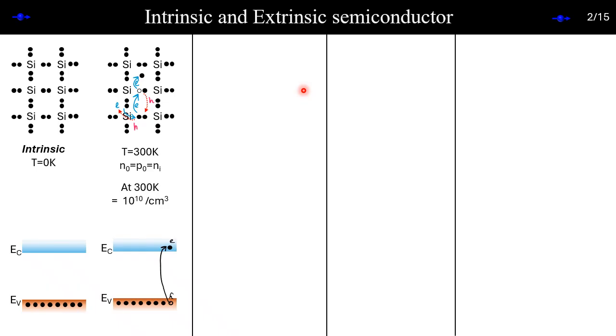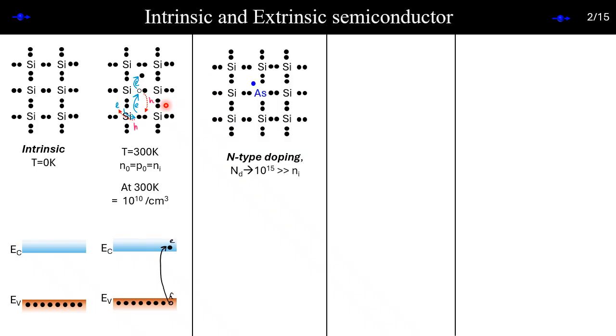So this is the picture for the intrinsic semiconductor. Now, we can dope it, with two types of dopants. One is a dopant where the valence electrons are five, because silicon has four, something like arsenic, phosphorus, antimony.